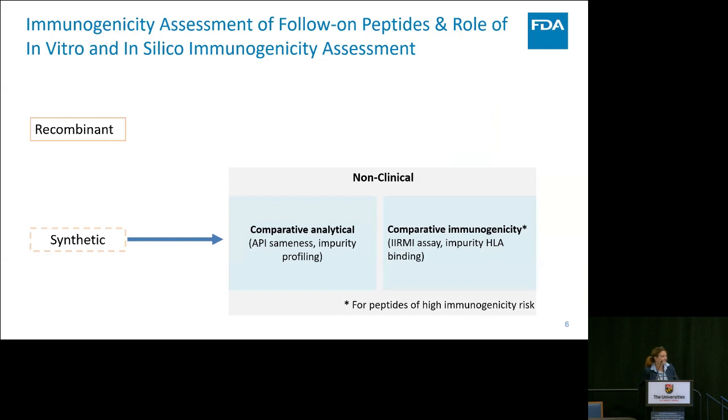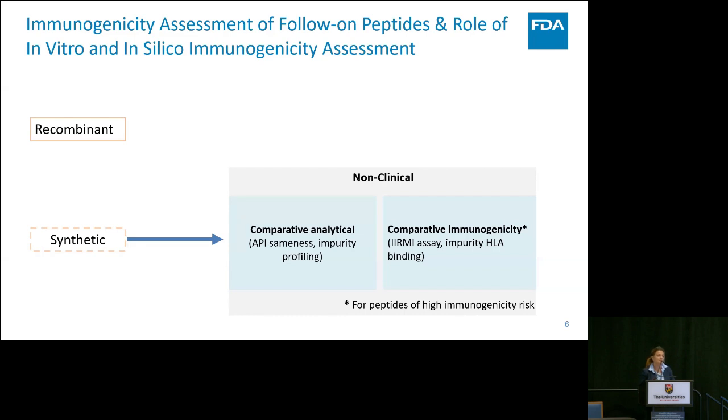So the immunogenicity risk associated with synthetic follow-on peptide products can generally be evaluated without any clinical data, based solely on an extensive characterization of the follow-on product, which aims to demonstrate the sameness of the active pharmaceutical ingredient and the comparability of the impurities found in the follow-on with the reference-listed drug.